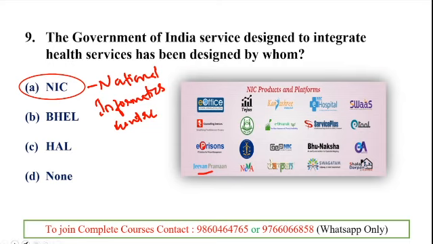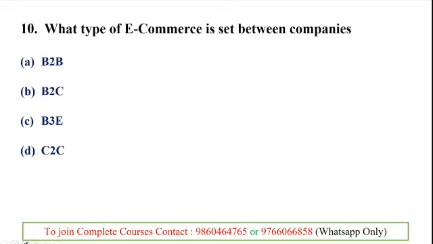Then the next one, what type of e-commerce is set between companies? Here e-commerce, that is electronic commerce, set between companies, comes under B2B transaction. That means business to business. Clear?